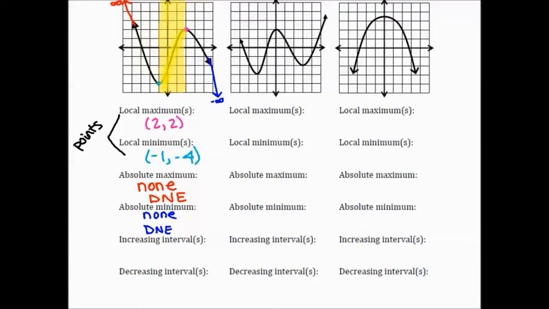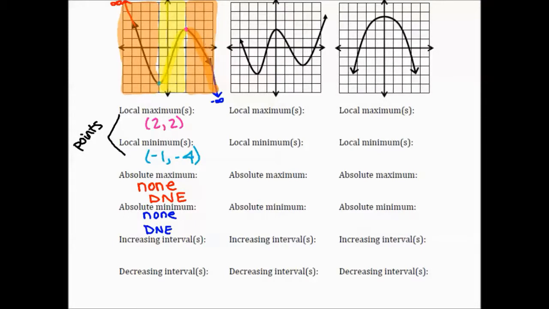And I'm going to kind of do increasing and decreasing intervals simultaneously here. On this part of the graph, it is decreasing. It has a negative slope. So I'm going to shade that whole section orange because it's decreasing. This section of the graph is also decreasing because it has a negative slope. It is going down as you read from left to right.